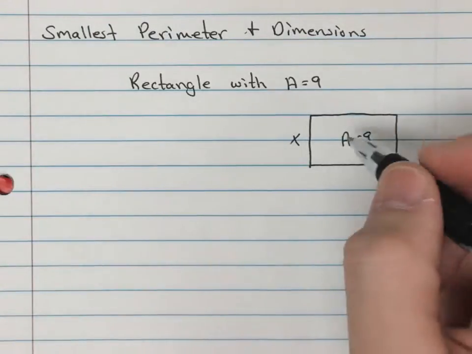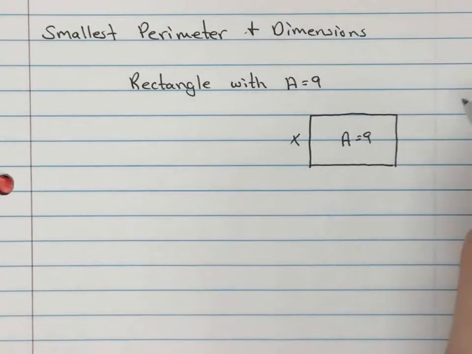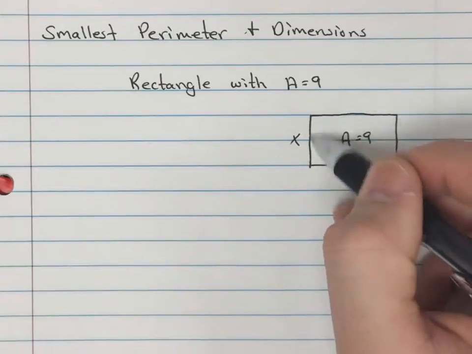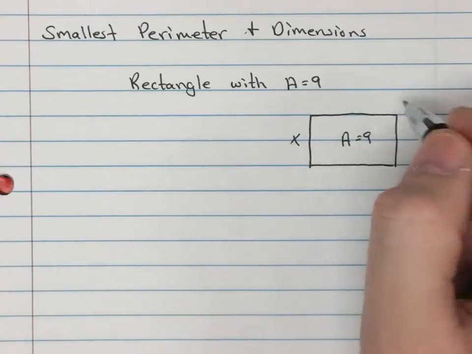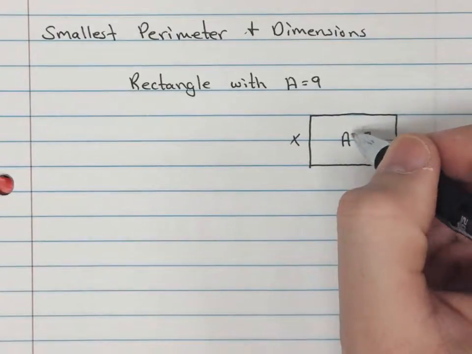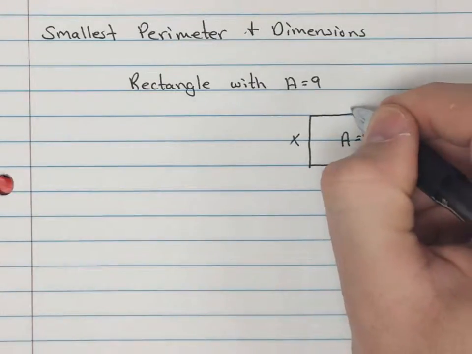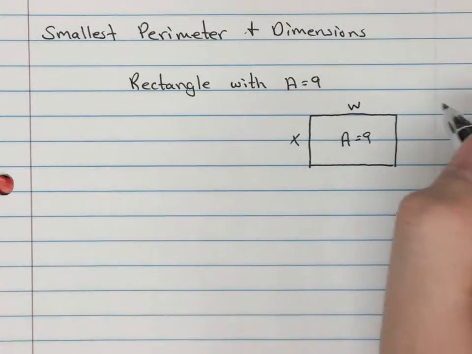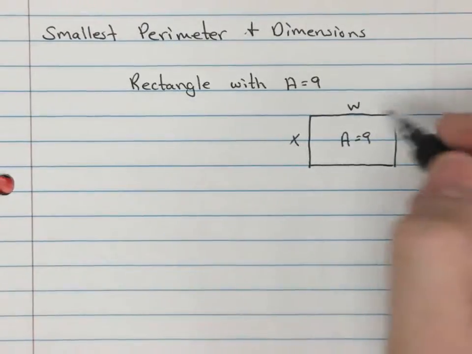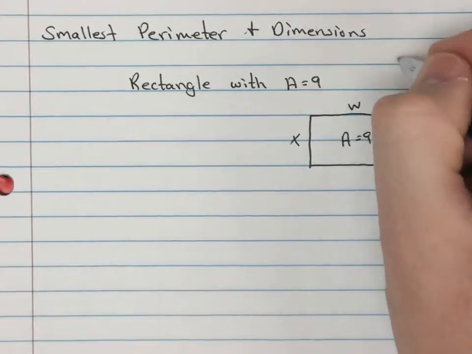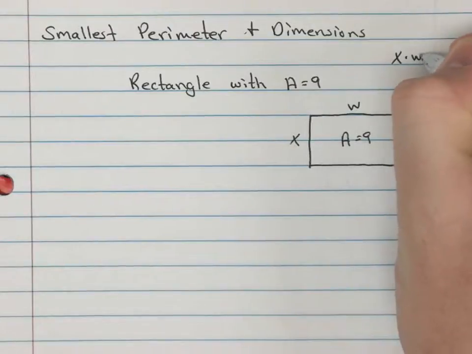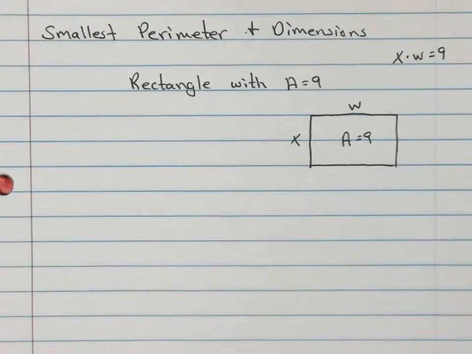And that's what we're going to do here. We've got a side length of x. We've got the other side. You can start out calling it whatever you want to. I'm going to call it w just to show you something, because sometimes I have to do this. I know that when I multiply these two things, x times w, it's going to give me that area that I'm talking about.